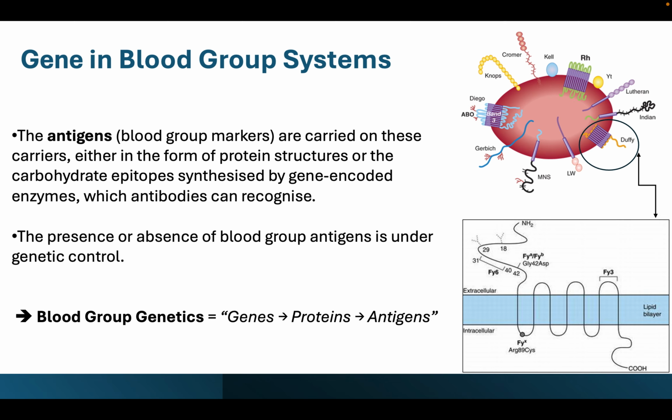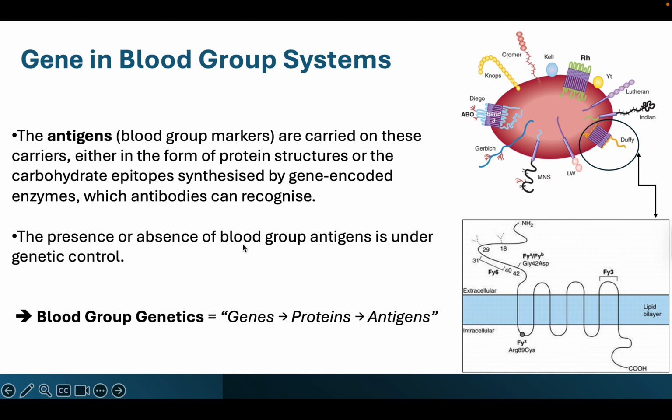If the patient develops an antibody, I can categorize it as a blood group antigen. But if the patient does not develop any antibody against this antigen, we cannot call it a blood group antigen. This is a very important concept.